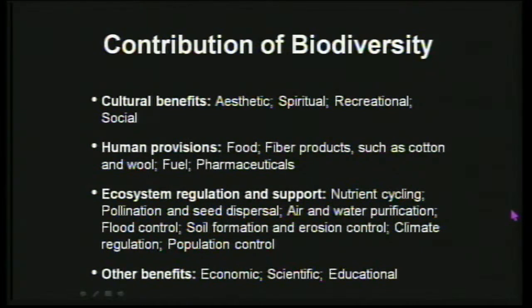Again, let me introduce this word ecosystem. Students have studied this definition or the concept of ecosystem in geography in class 7, so they should be aware of this. But to explain it to them again, what is ecosystem? It is an interacting system of biotic and abiotic components.